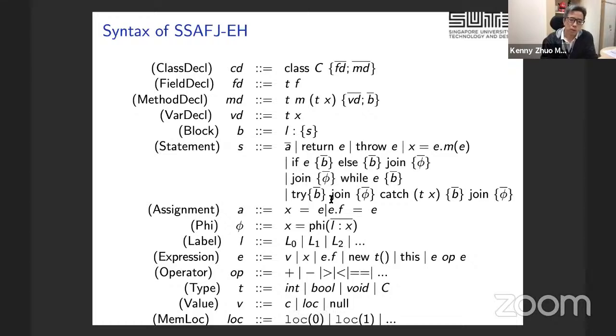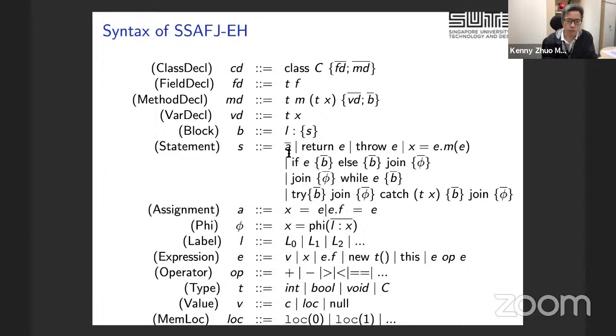Okay, so over here is the syntax of the SSA form for Featherweight Java with exception handling. The gist is that each method has a variable declaration and a sequence of blocks, and each block must be given a label, followed by a statement. For simplicity, we segregate the assignment statement from the rest of the control flow statements.